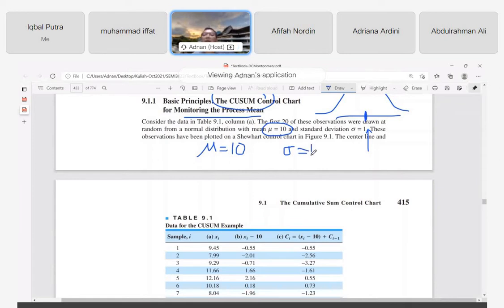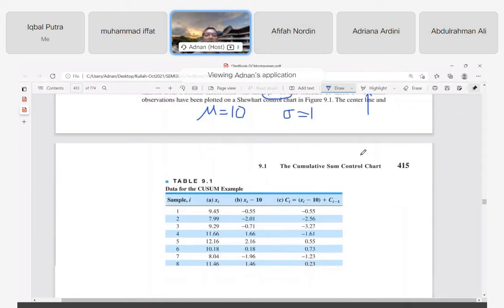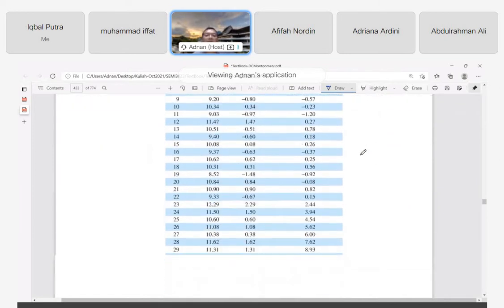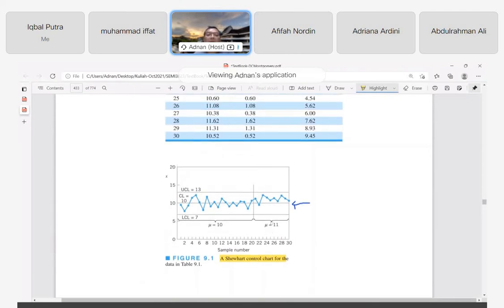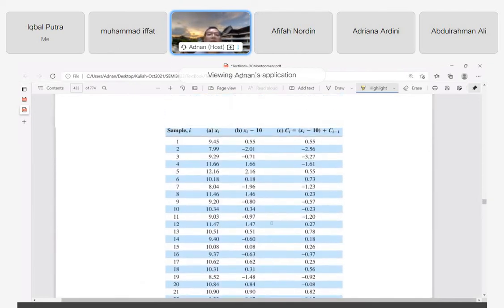This is the center line. It's 10. Our target is 10. This is what we plot on the Shewhart control chart of this data.